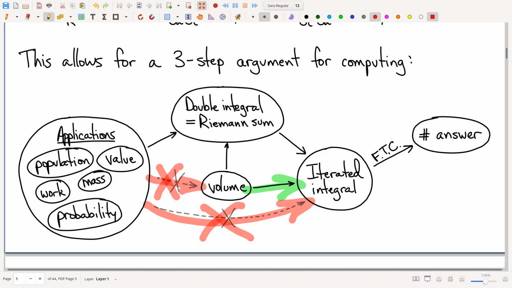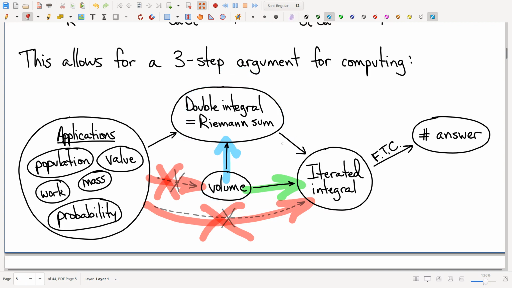And now, this most recent thing we did, we defined a double integral, and we used a double integral to compute volume. Okay, so now what I want to do at this point is ask what to do now. Why is this blue arrow relevant to us?